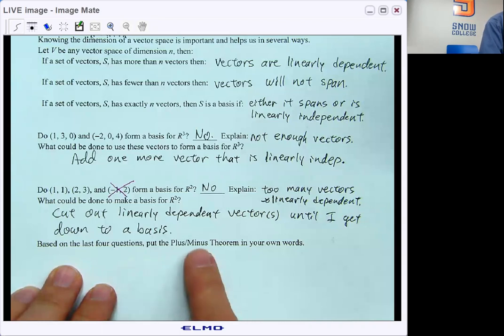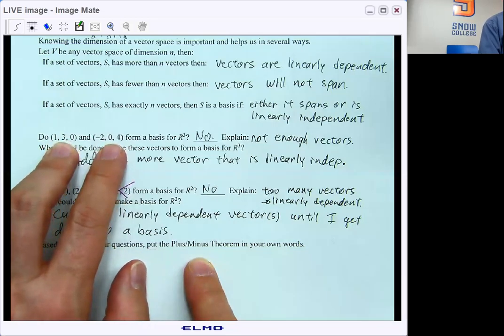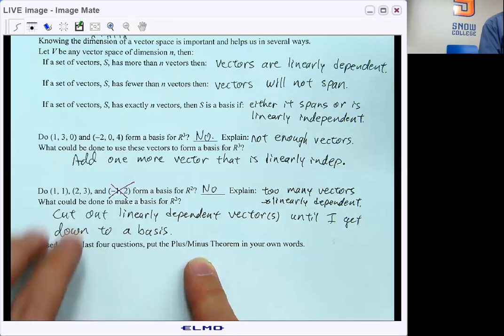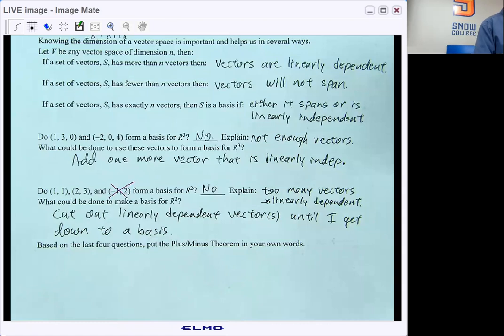So we minus, or take away, vectors that are linearly dependent until we work our way down to a basis. If we have a set of vectors that are linearly independent but are not a basis, we can plus, or add, vectors that are linearly independent of the ones we already have until we reach a basis. And once we have that basis, we are just right. Okay, we'll see you next time.